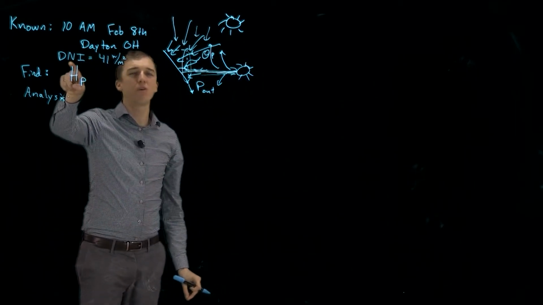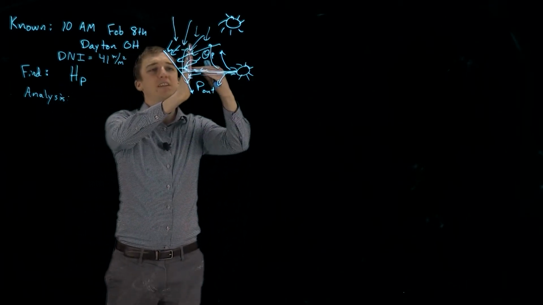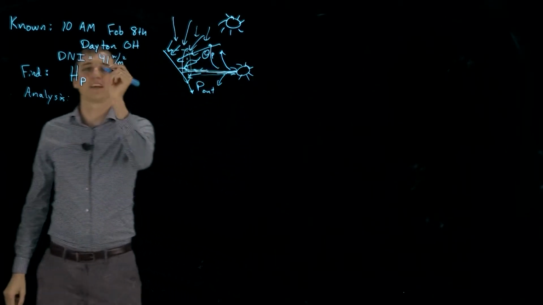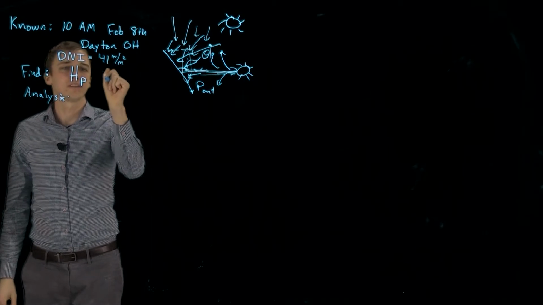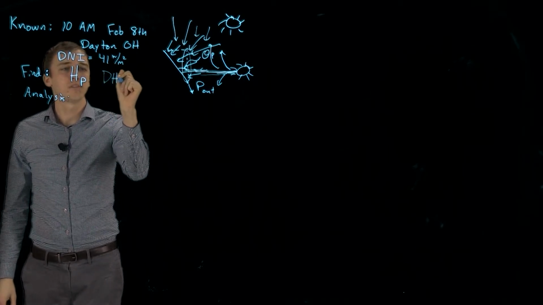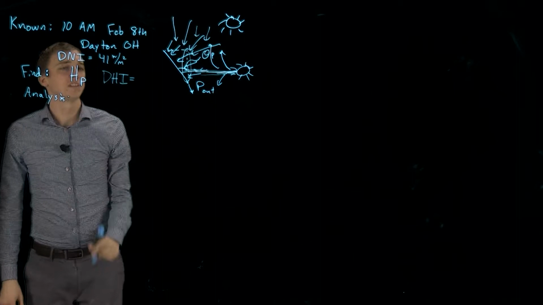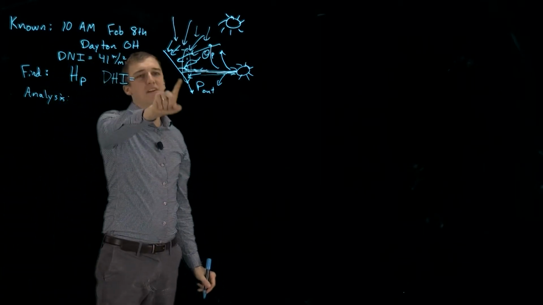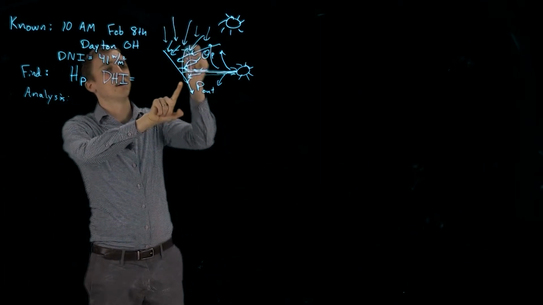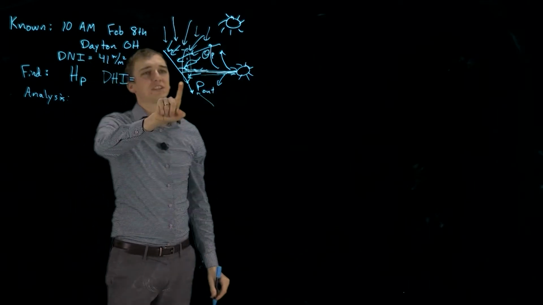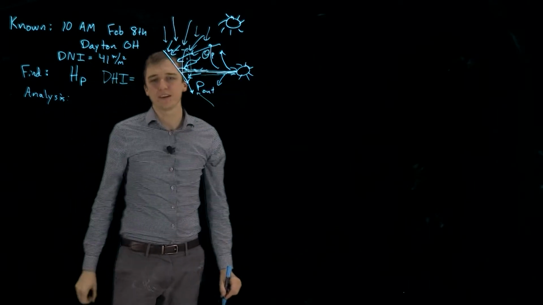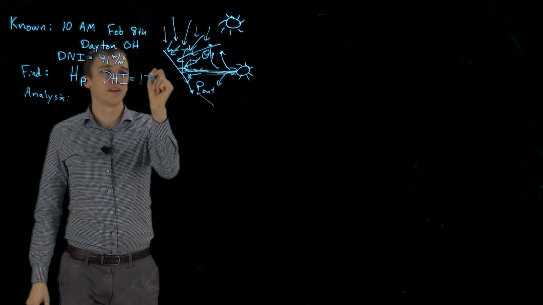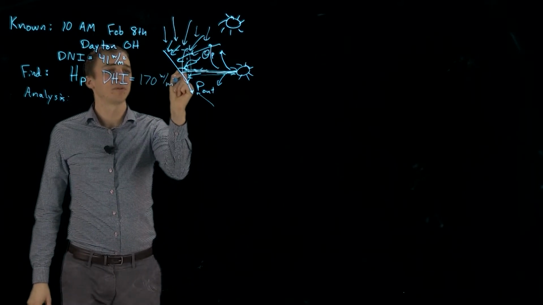This is normal to the direction the sunlight is traveling, and that's 41 watts per meter squared. We also know the diffuse horizontal irradiance, being the amount of heat that is hitting our panel from all directions except directly from the sun. And this is 170 watts per meter squared.